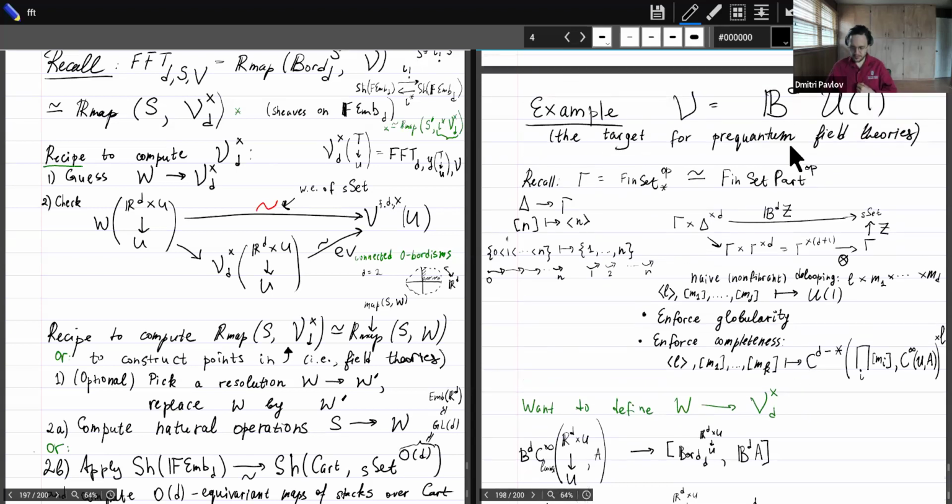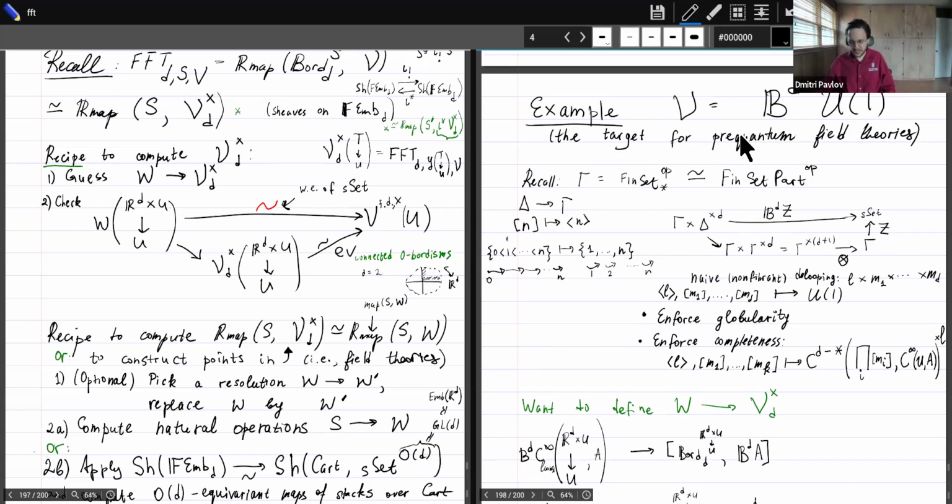So here's a non-trivial example for the target category V being the delooping of U1, complex numbers with absolute value 1.